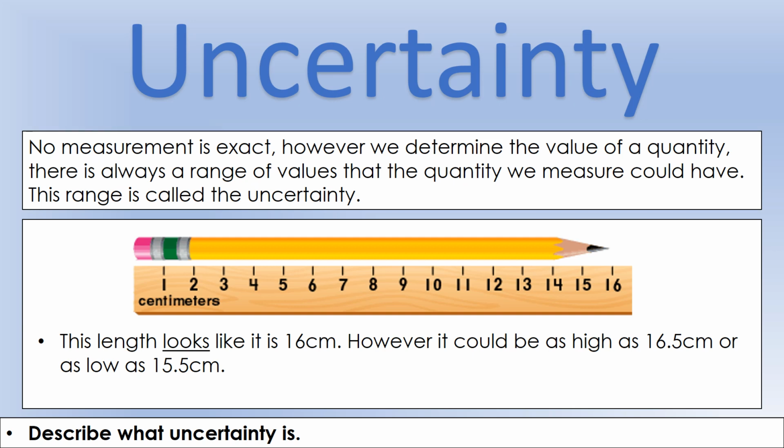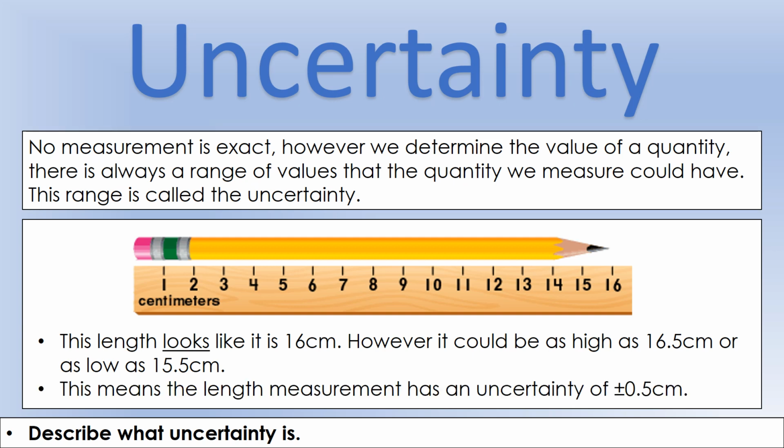And it's going to be less than 16.5. So that's how we're getting to 16. We're essentially rounding down from 16.5 or up from 15.5. So we've got this range of possible values that its length could be, and that means it has an uncertainty of plus or minus 0.5 centimeters. So it's 16, but plus or minus 0.5. So that's what we mean by uncertainty.